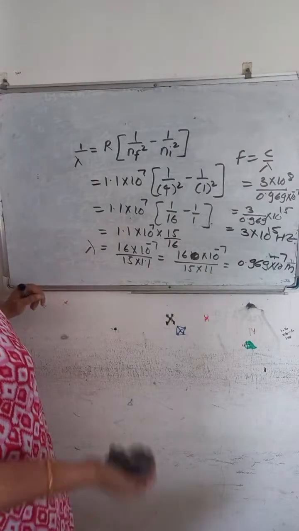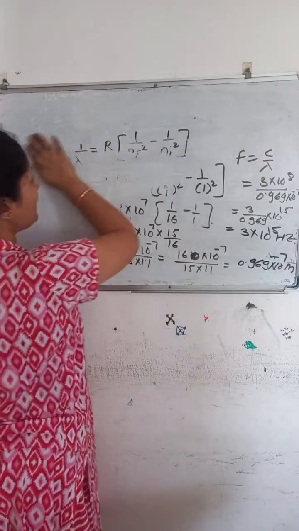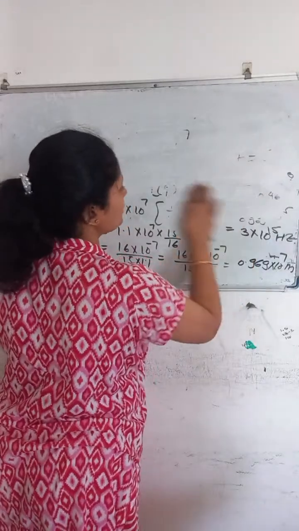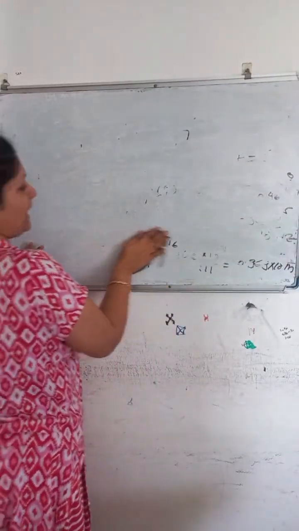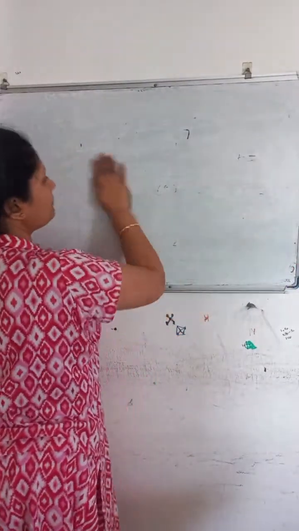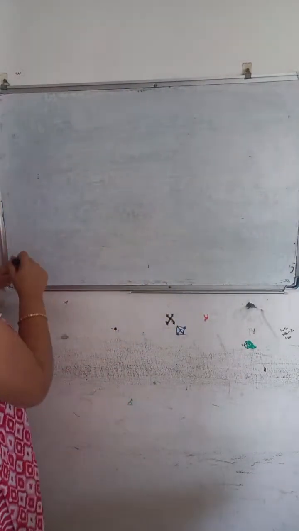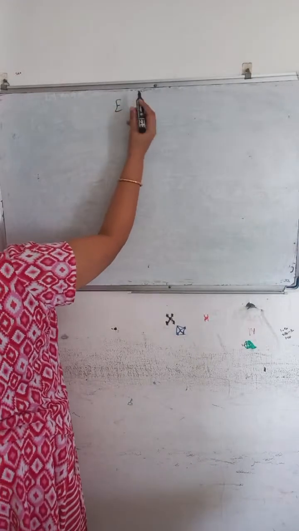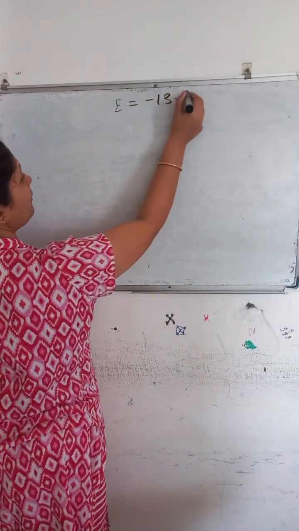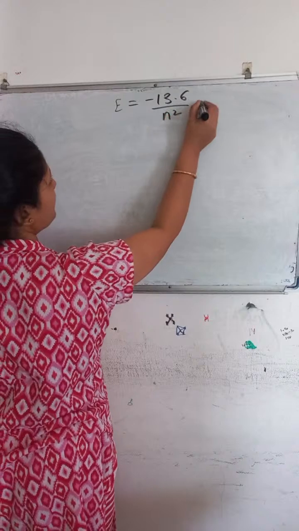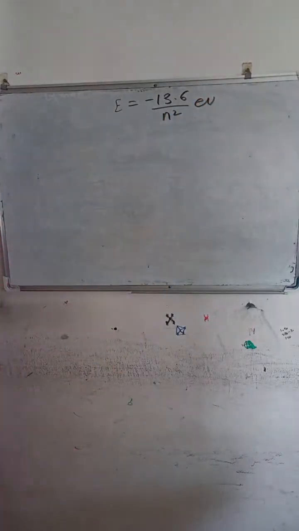Now you can go by this, or, as they are using the word hydrogen spectrum, and it absorbs and all, so we know the formula for energy. E is equal to minus 13.6 upon n square electron volt. Okay, this is the formula we have.